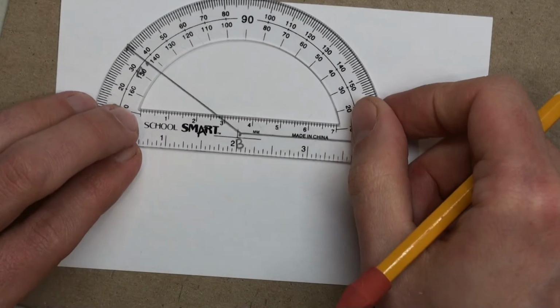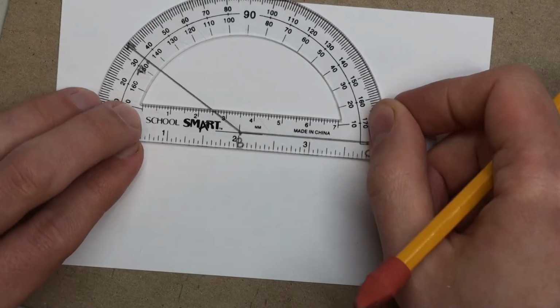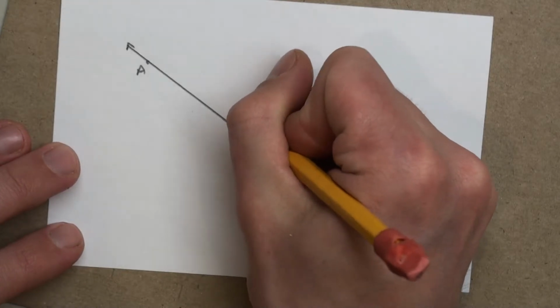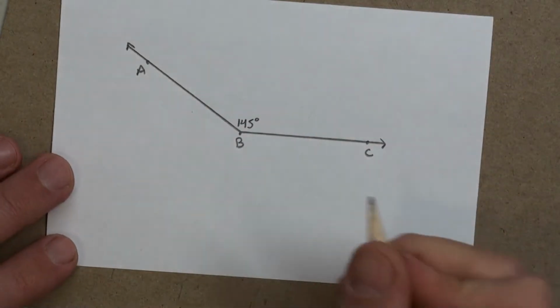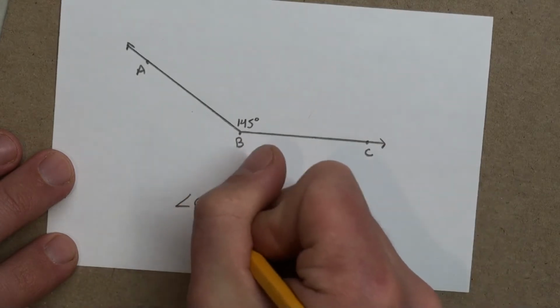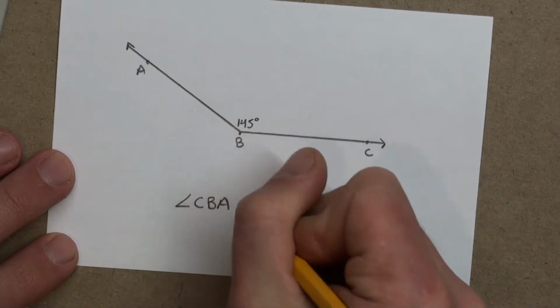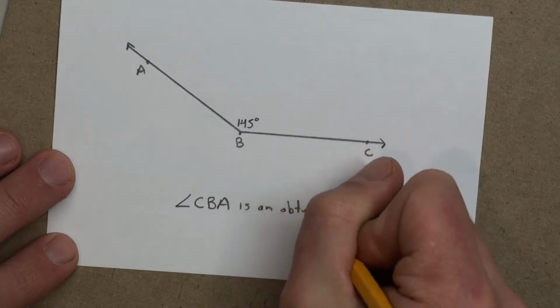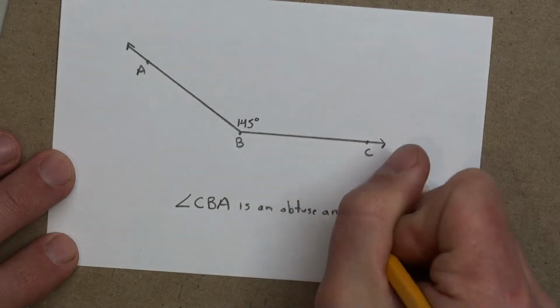So this angle is about, I don't know, let's just check real quick. Let's say this is 145 degrees. So then angle CBA is an obtuse angle.